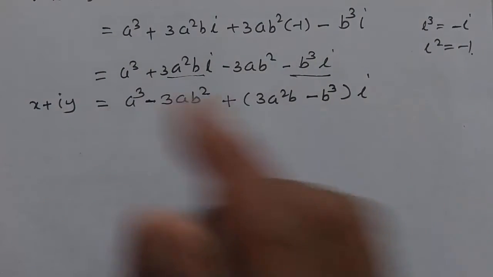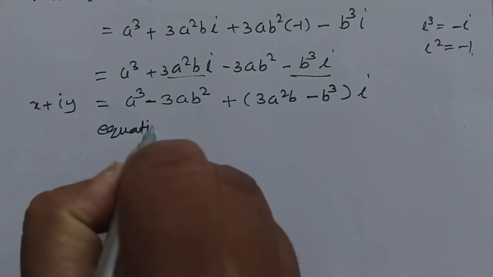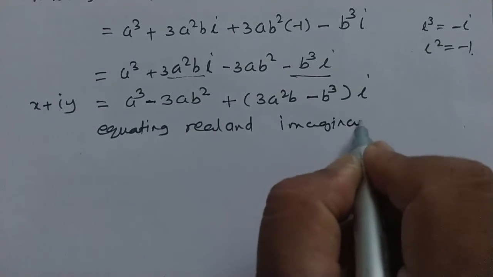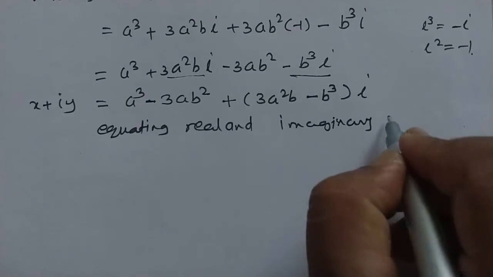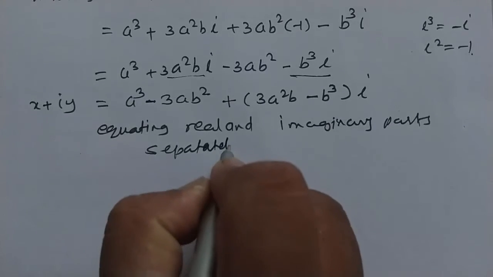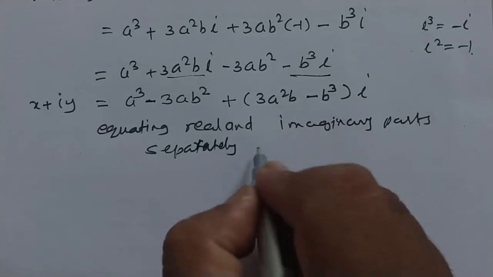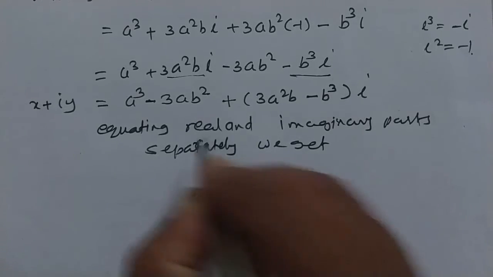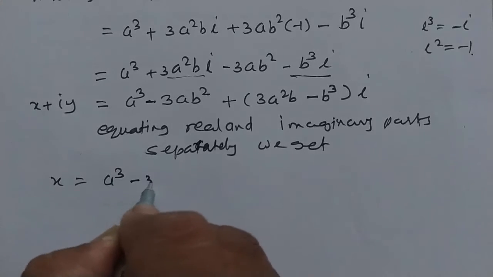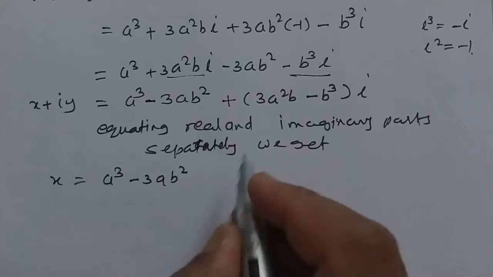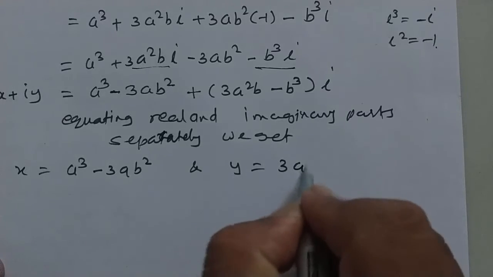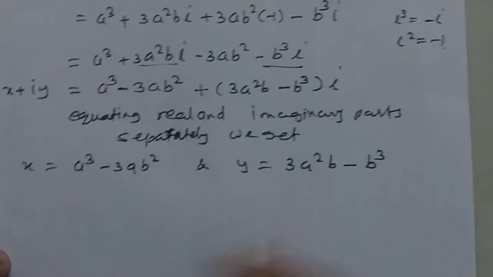Comparing real and imaginary parts, that is, equating real and imaginary parts separately, we get x is equal to a cubed minus 3ab squared, and y is equal to 3a squared b minus b cubed.